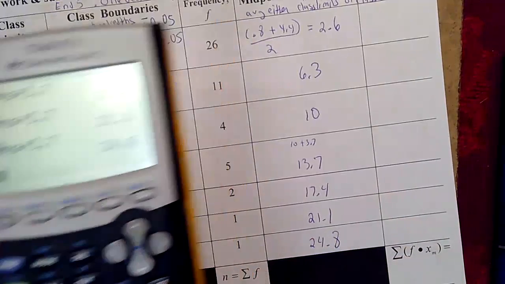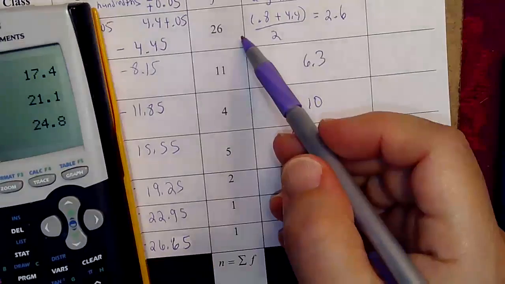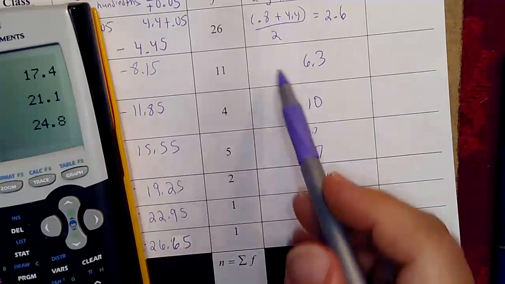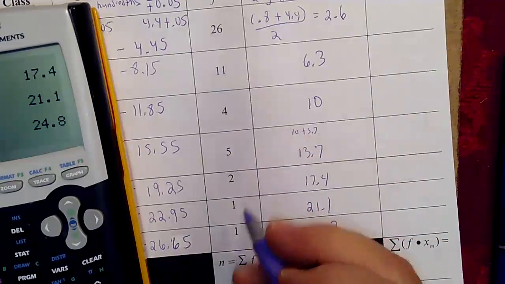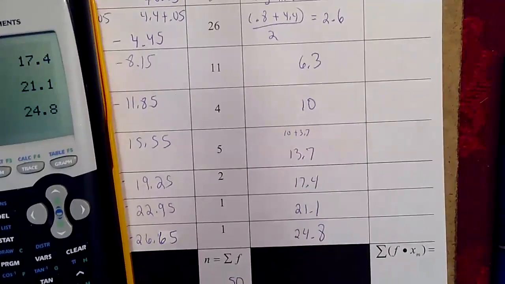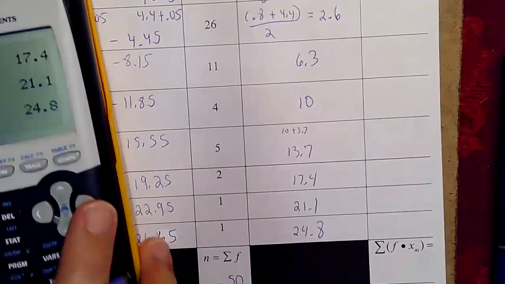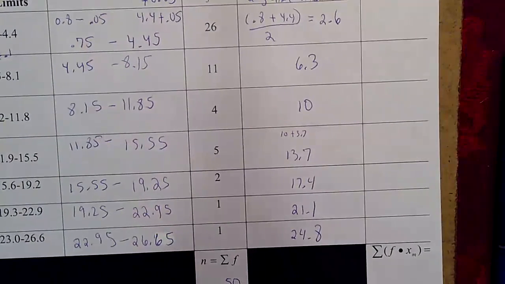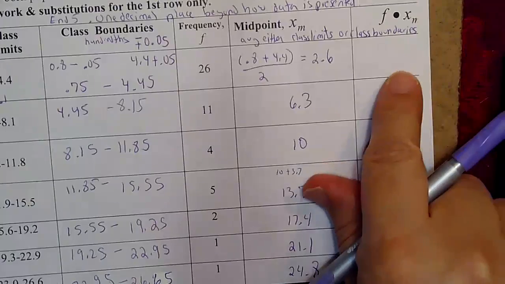Okay. And then here, I forgot to sum these. If I sum all these numbers here, you can sum them too, but I'm supposed to get 50. You can sum those to make sure of that. And then on the last column, f times xm.